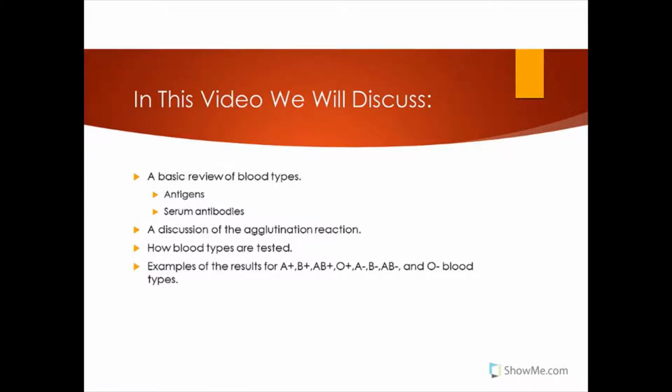As we understand that, let's begin with the first important term, antigen. An antigen is anything that causes an immune response. It is important to note that immune responses only occur when the antibodies against them are present.